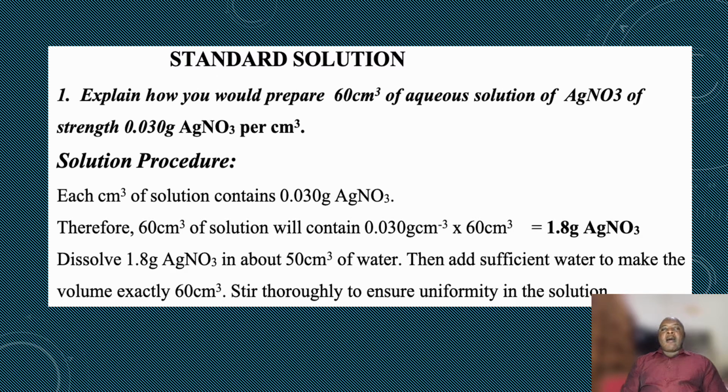That is method two. You need to convert the mass of silver nitrate to moles. So you look for the molar mass of silver nitrate, then divide 0.03 gram of silver nitrate by the molar mass. You have the number of moles of silver nitrate.